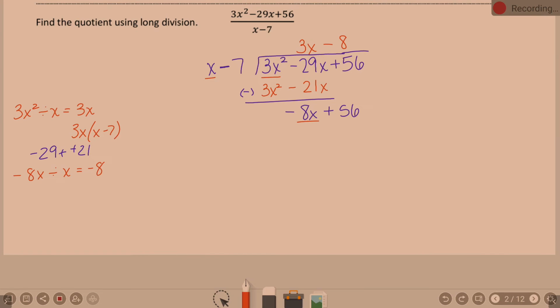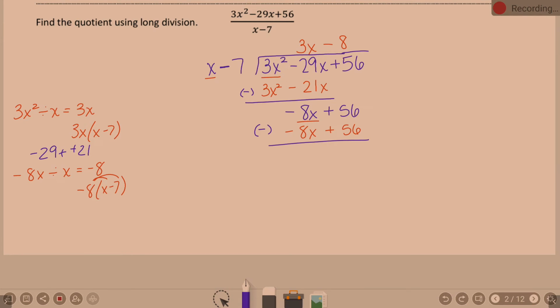And then you're going to take negative 8 and multiply, distribute. So it's going to be negative 8 times x minus 7. Negative 8 times x is negative 8x. Negative 8 times negative 7 is plus 56.